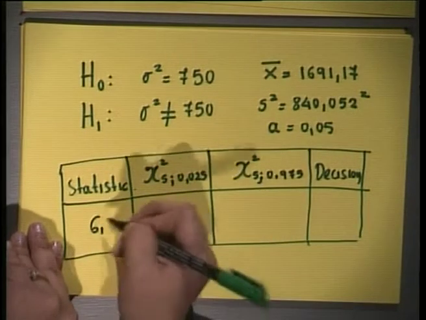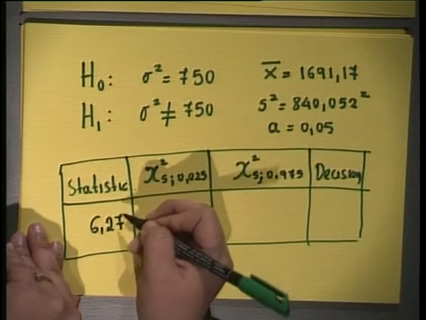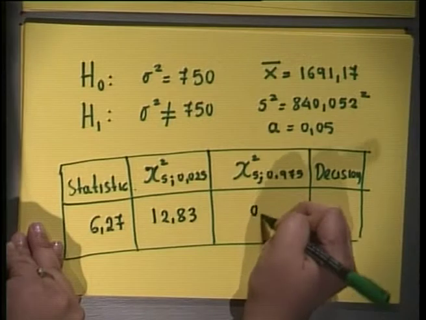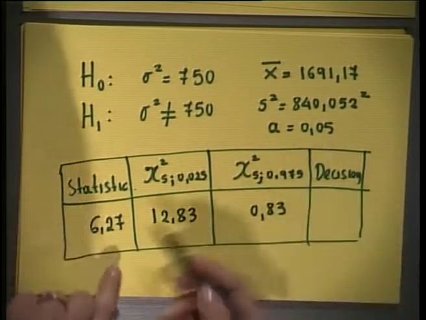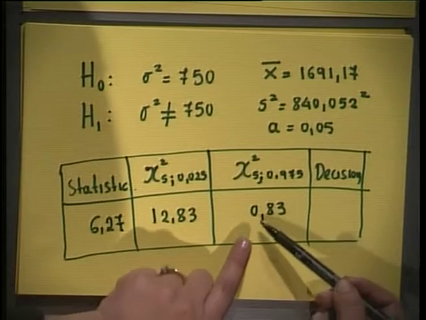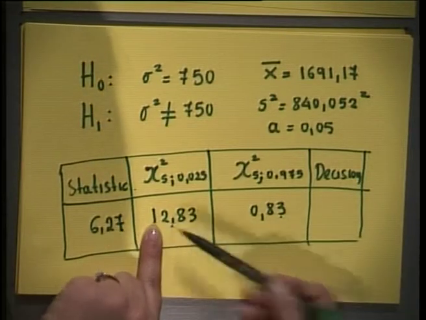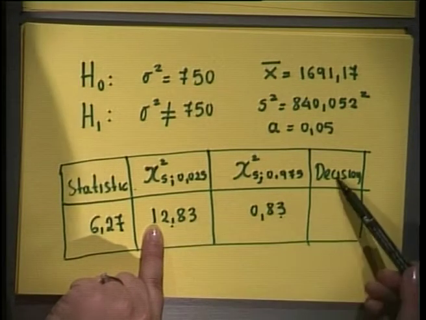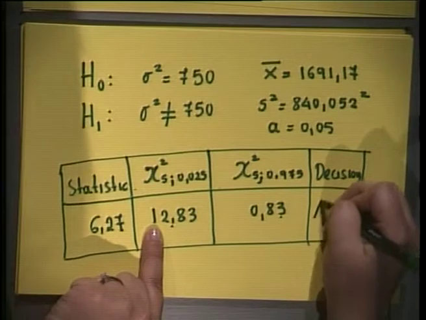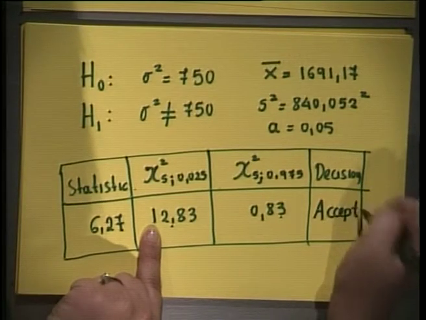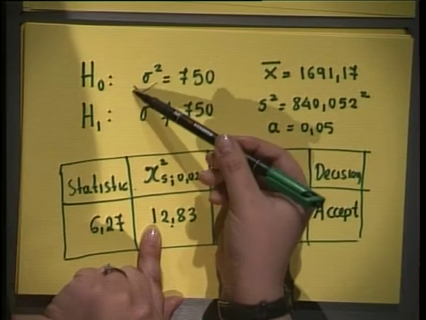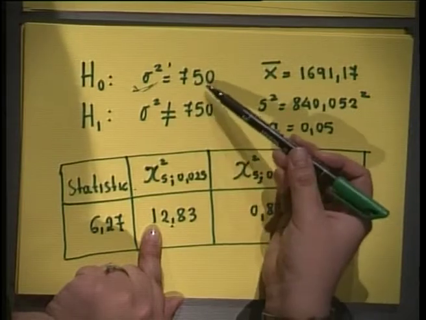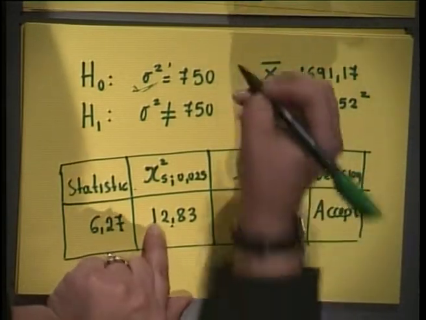The statistic, if we do the calculation, is 6.27. Now these values can be read from tables. And as we see that this value is greater than this and less than this, we can make the decision that we accept our null hypothesis that the sample comes from a population with variance 750 squared.